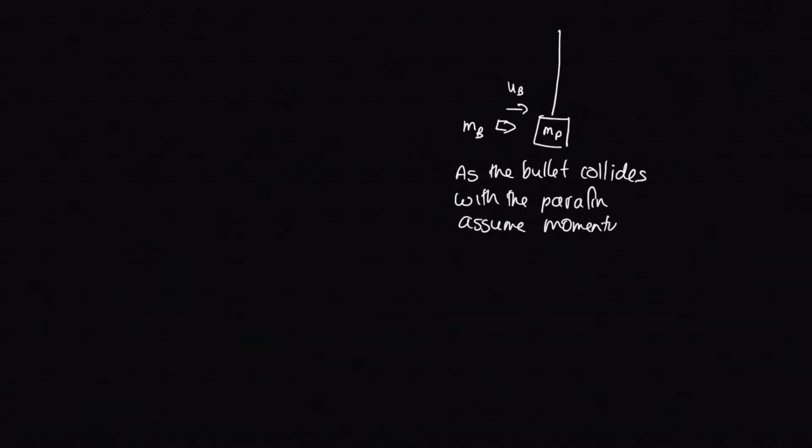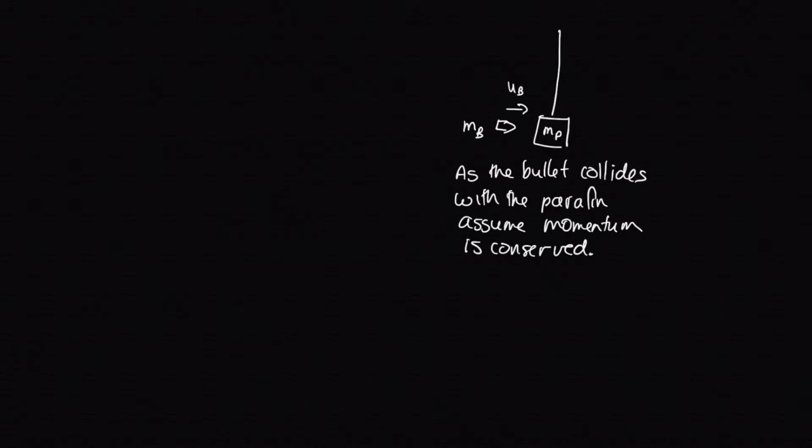As the bullet collides with the paraffin, assume momentum is conserved. Linear momentum will be conserved if external forces aren't playing a significant role in this, and they're not. We've got the gravitational force acting on the system, but that is very small compared to all of the internal forces involved.